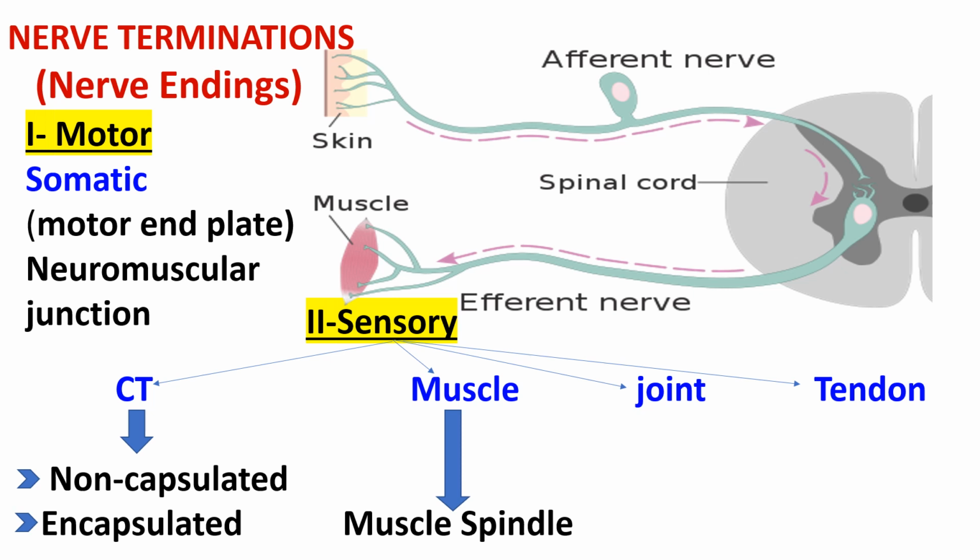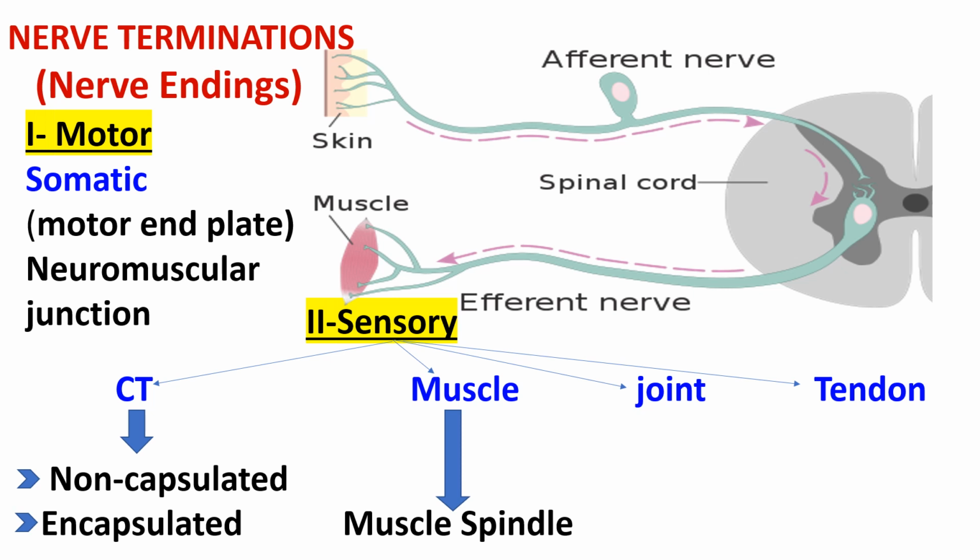Sensory endings, they differ according to the area they are found in. Sensory endings, which belong to sensory nerves, are classified into several types according to the area.